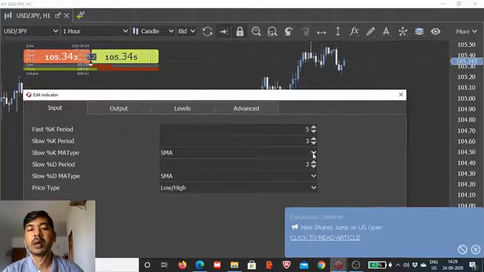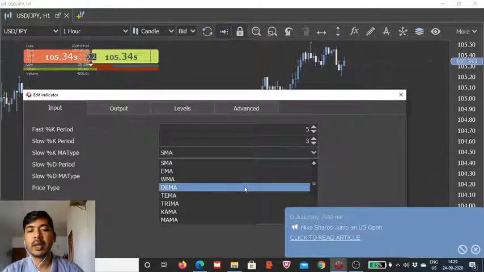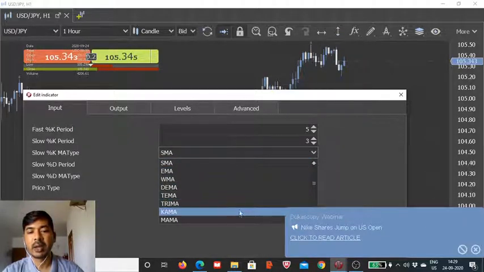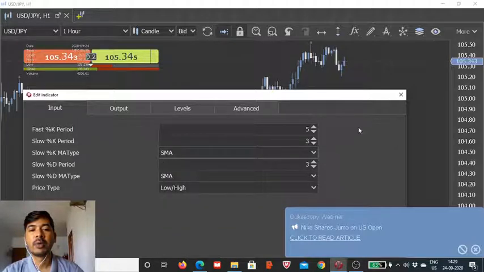If you choose the MA type, you can also work with the EMA, WMA, DEMA, TEMA, TRIMA, KAMA, MAMA. So here we have plenty of options to work with, and depending on which MA type you choose, you will have a different output value. There will be some variation in the output value, and when we again take the SMA of the slow K period, we get the slow D period.